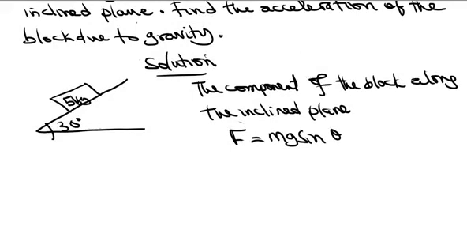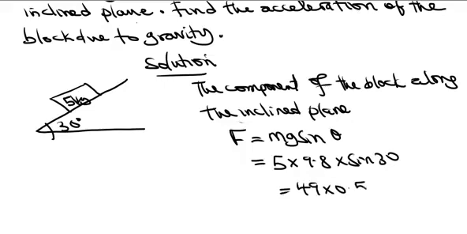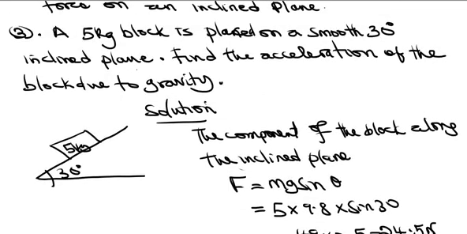And from here, you are going to get the value for F, which is going to be mass times the acceleration due to gravity and the sine. The mass, as we are given, is 5, times 9.8, then times sine 30. From here, this is 49 times 0.5. It's going to be 24.5 Newton. And that is the force.